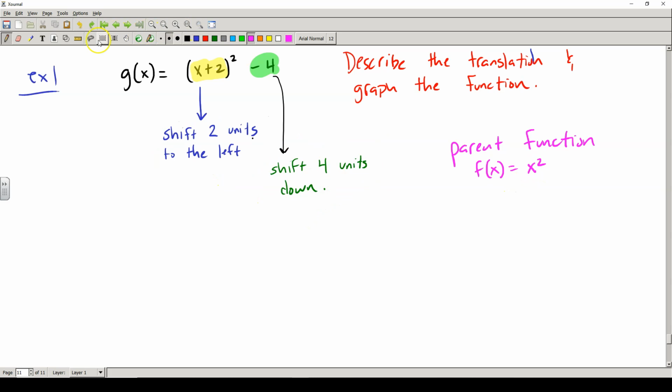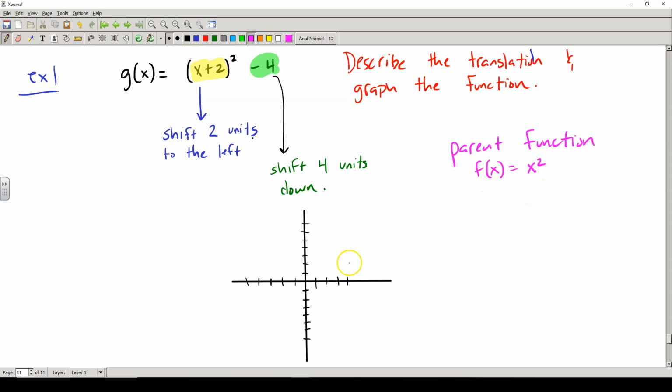Now that we described it, let's graph each of those functions. I'm going to have a graph here, and I'm going to graph the parent function and the translated function. So let's start here. I'm going to put a few notches here, and let's graph the parent function, which is x squared.